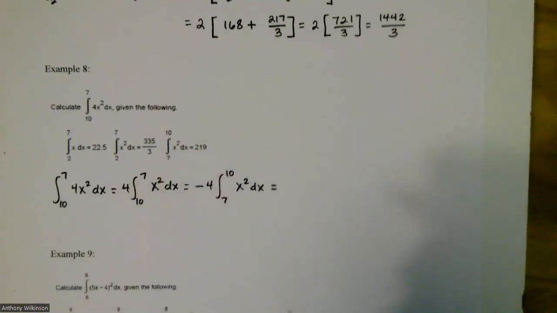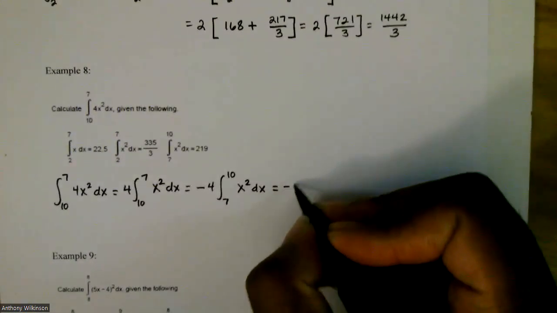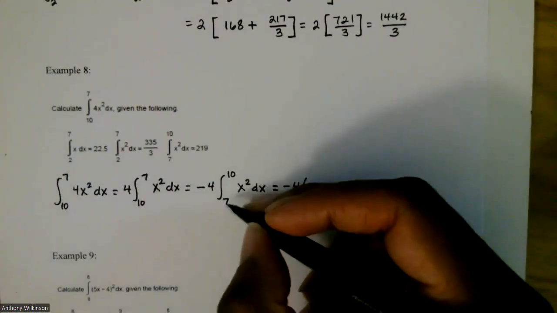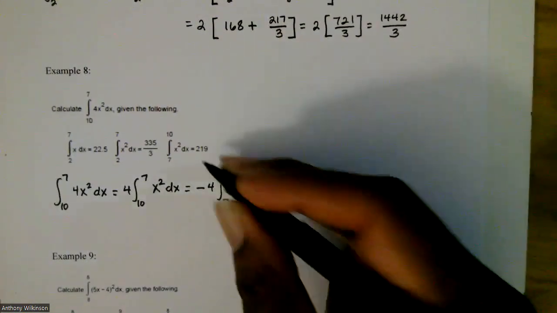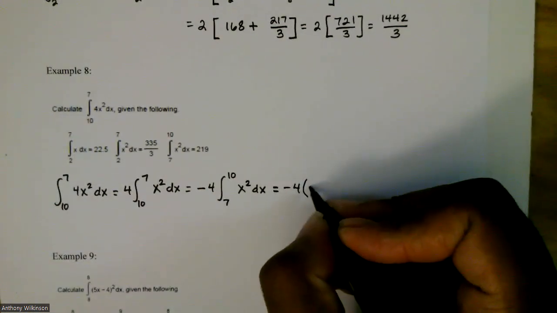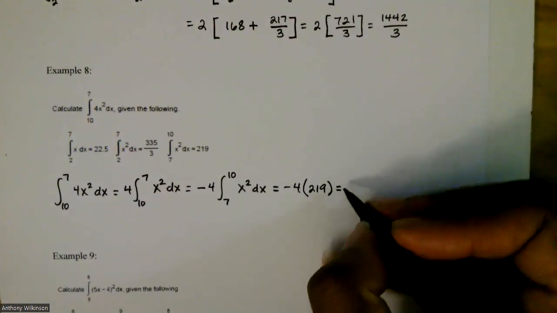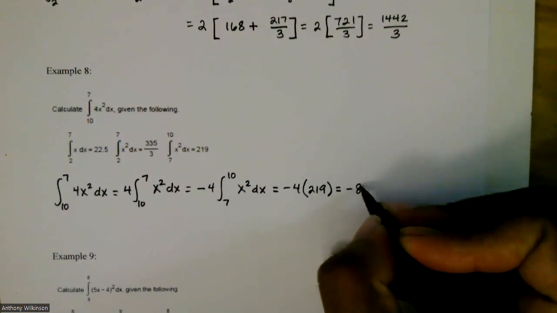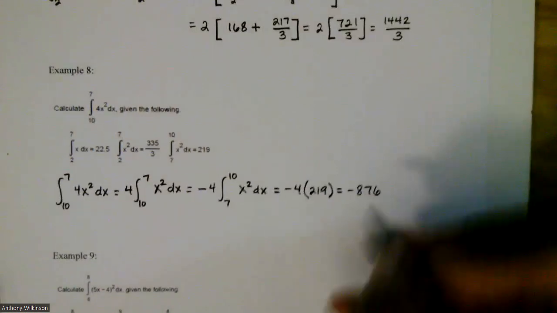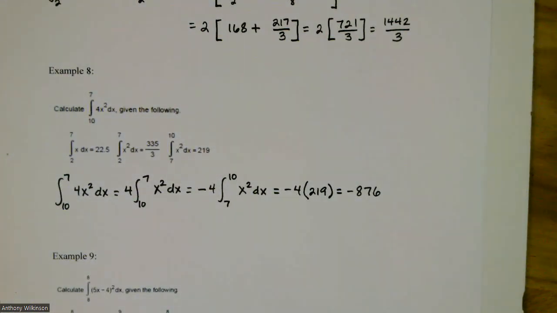That's 219. So negative 4 times 219 will end up being negative 876. So the integral from 10 to 7 of 4x squared dx will end up being negative 876.